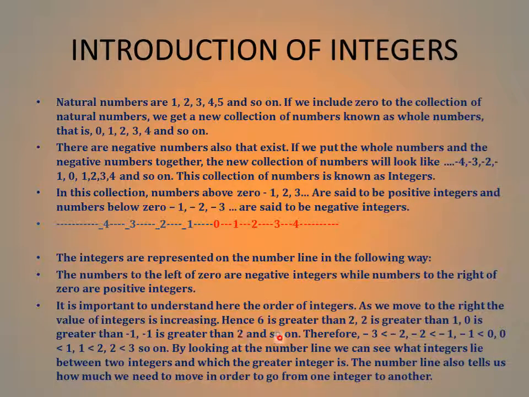Therefore, minus 3 is less than minus 2, minus 2 is less than minus 1, and minus 1 is less than 0, and 0 is less than 1, 1 is less than 2, 2 is less than 3 and so on. By looking at the number line, we can see the order of the integers.